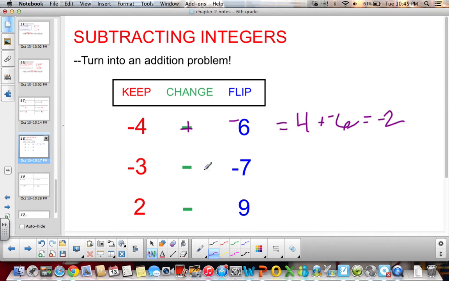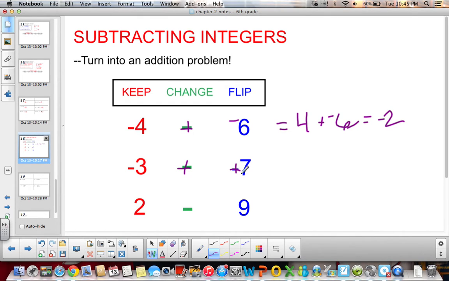Negative 3 minus negative 7. Keep our first number. Always, always, always keep the first number. Then you change your operation, and then you flip. Well, the opposite of negative 7 is 7. So I'm going to change the sign to a positive.